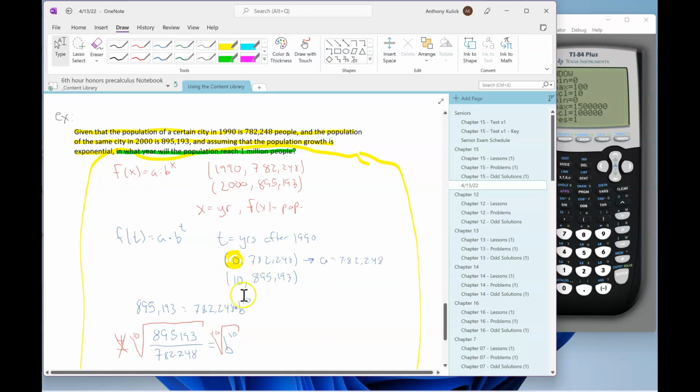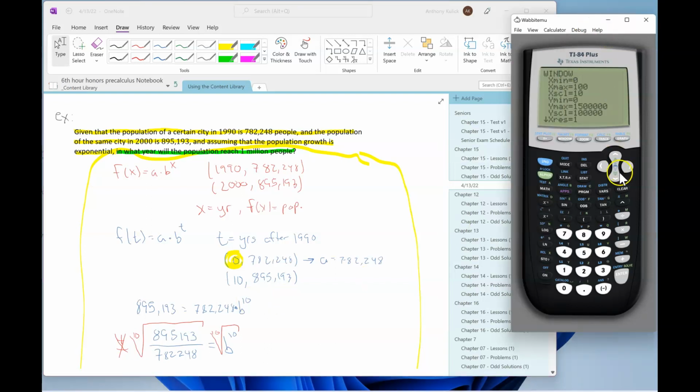So I would guess at X equals 20 or so, I'm going to be right around my target of 1 million. I'm going to overestimate that. I'm going to go all the way up to 30 because I would just assume not have to come back and double check things again, to extend my window if I underestimate it a little bit.